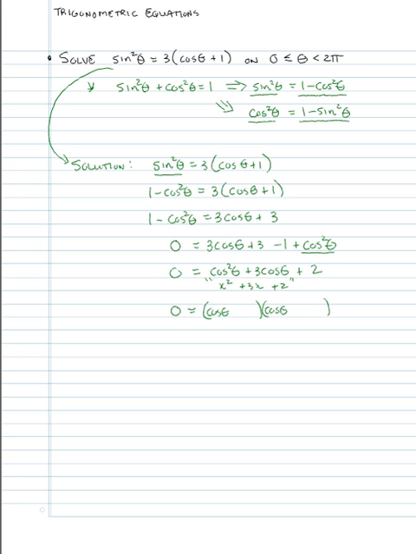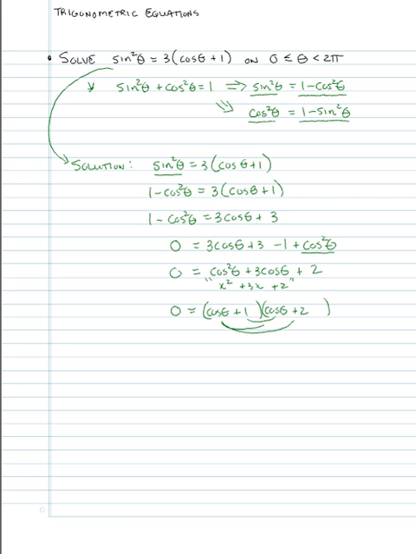And certainly when we multiply those, we get cosine squared theta. And then I'm going to just try a plus 1 and a plus 2. And certainly the 1 times the 2 gives us the 2, and the cosine theta times 2, along with the 1 times the cosine theta, gives us 3 cosine theta for the middle. So it is factored correctly.